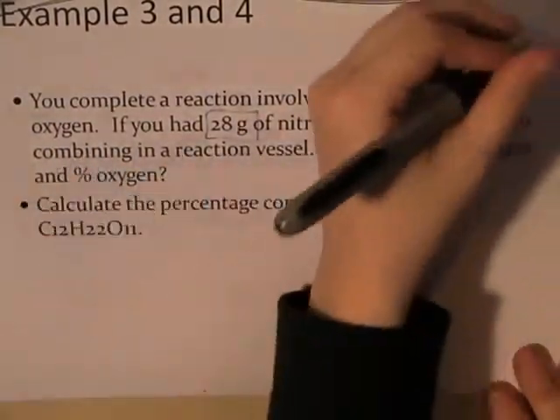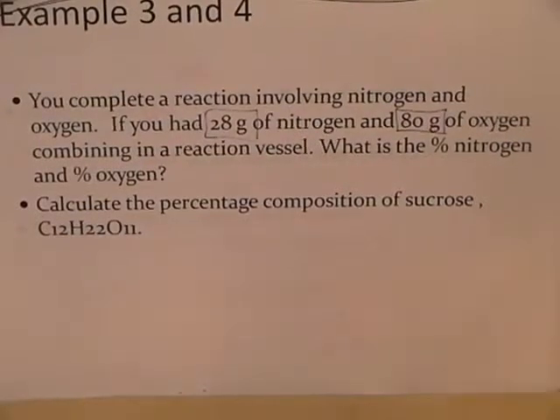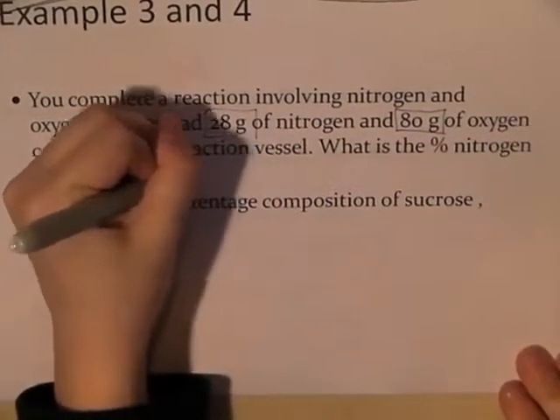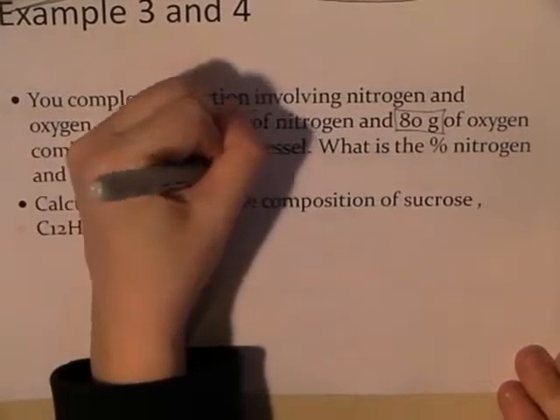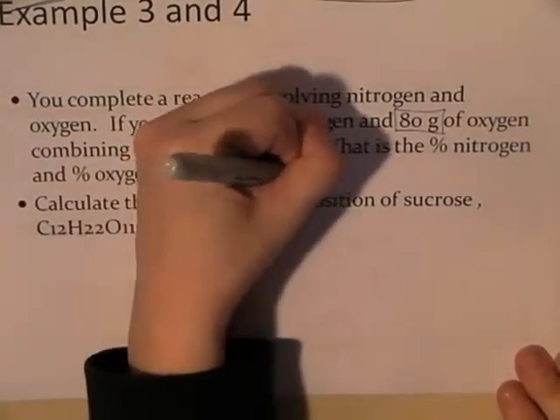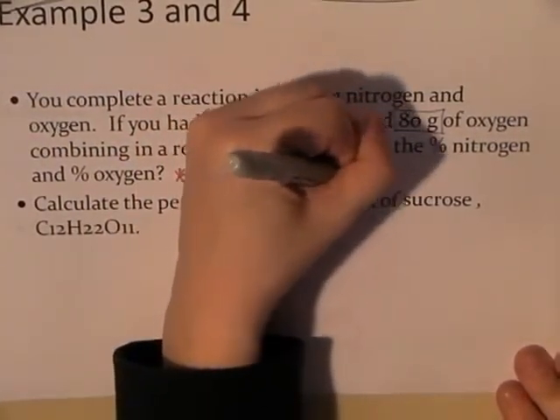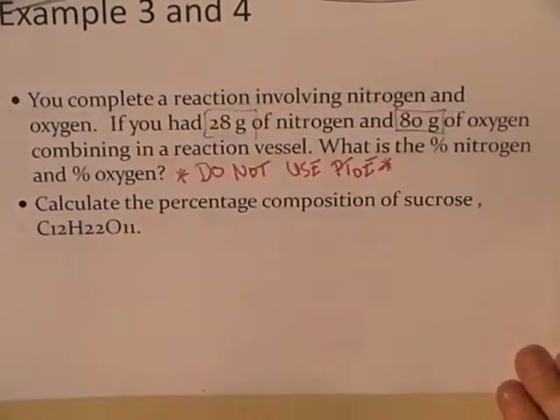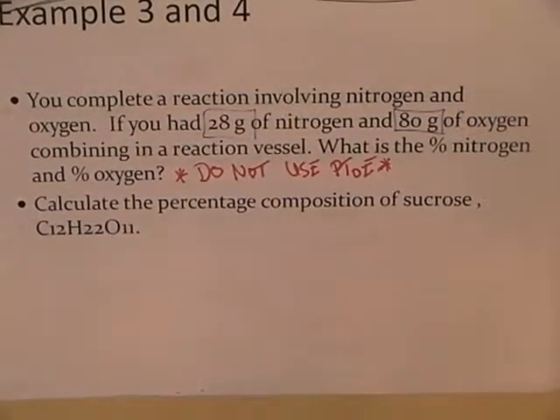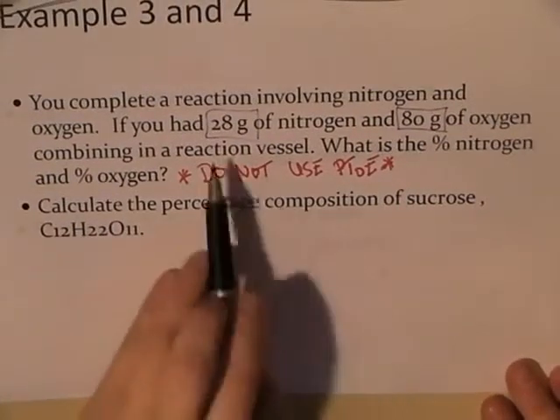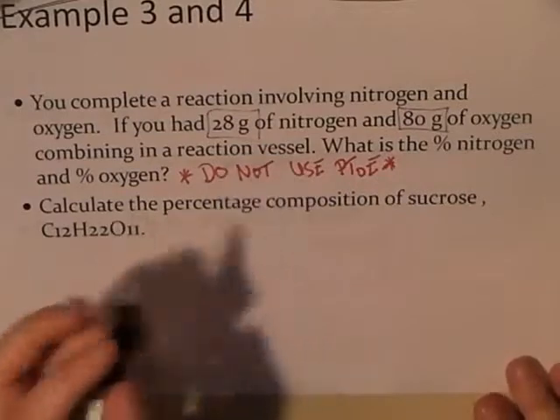You do not need, okay, and I'm going to write this in big red letters for this one, do not use the periodic table of elements. You don't need it for this one. You're given the numbers, you don't need the mass from the periodic table. Don't look anything up. You have everything you need right here.